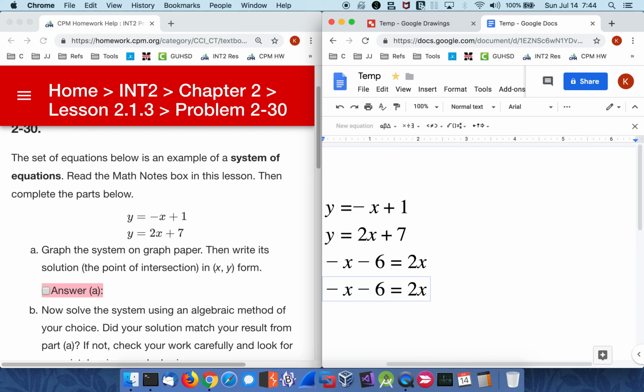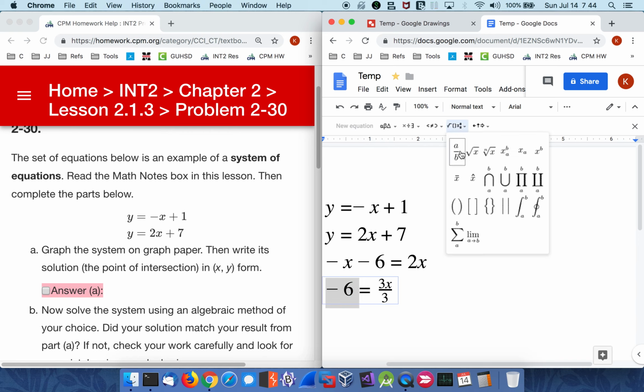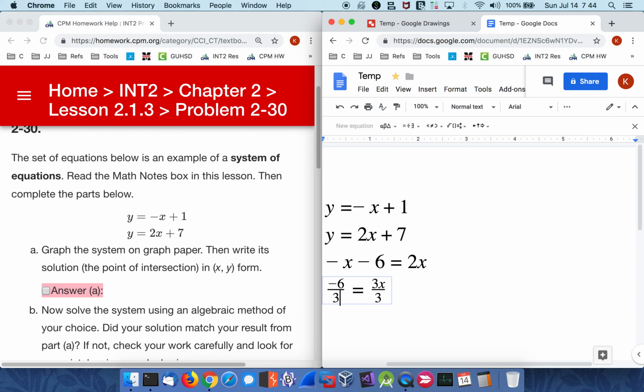So let's add x to this side and add x to this side, and that gives me 3x over here, gets rid of that x over there. Alright, and now I want to take this and divide it by 3, and I want to take this and divide it by 3. Okay, and that leaves me with negative 2 equals x, right? Because negative 2 times 3 is negative 6. So there we go. So we have x equals negative 2.